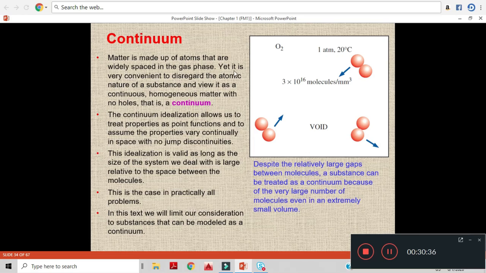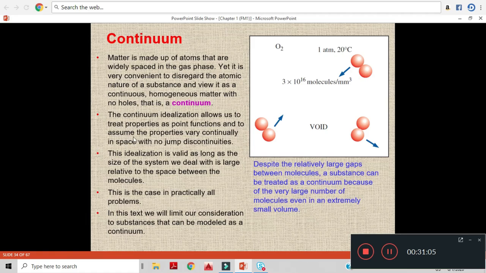Yet it is very convenient to disregard the atomic nature of a substance and view it as continuous, homogeneous matter with no holes, that is a continuum. Because we know there is space, but even then we can consider it as one unit. That means there is no gap between the atoms of the substance.